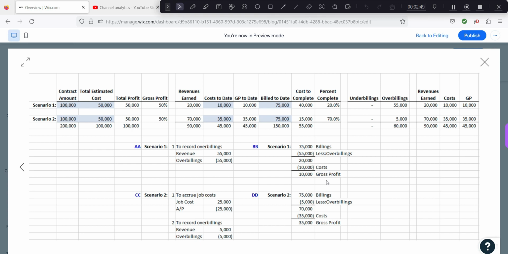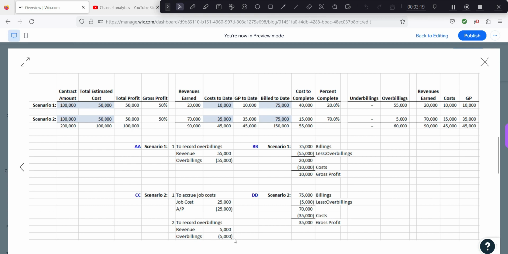So let's do the same for scenario 2, except we have this additional entry here to accrue job costs. Accrue, you can call it, to record an additional job cost. You've got your cost increasing by $25,000 and your accounts payable increasing by $25,000. Now you can record your over-under billings. Instead of reducing it by $55,000 as we did up here, we're only reducing it by $5,000.